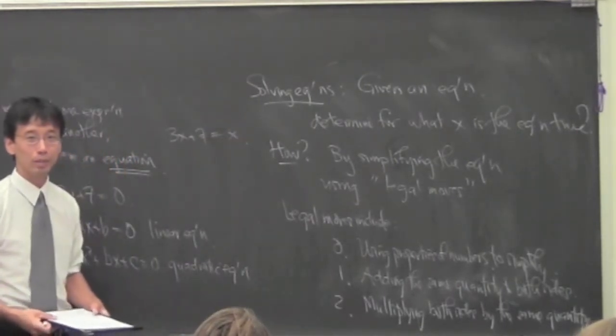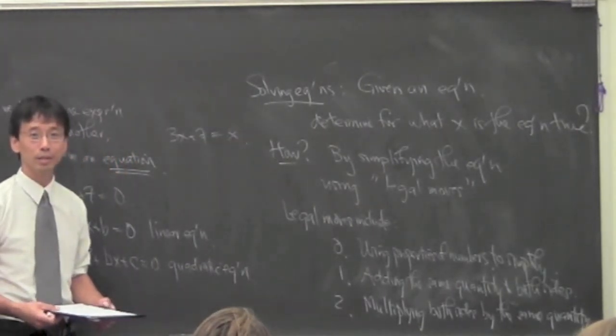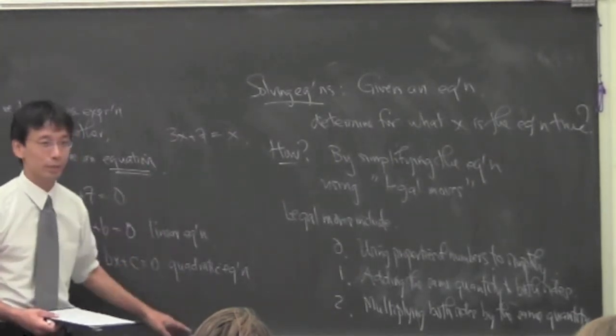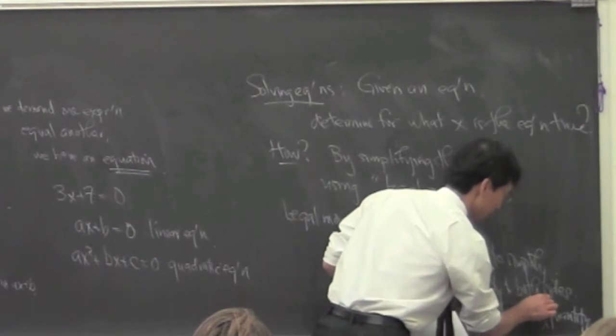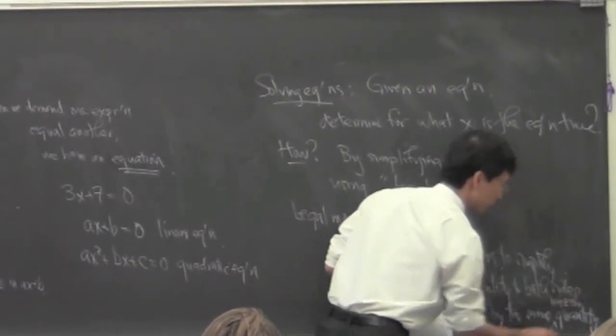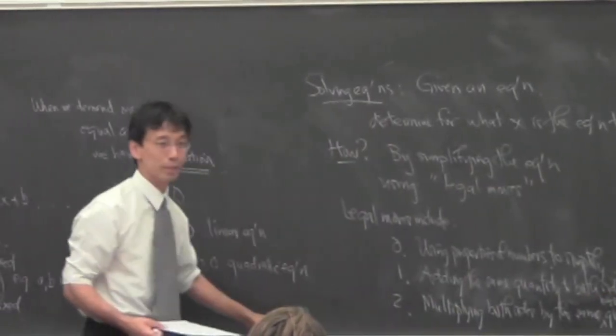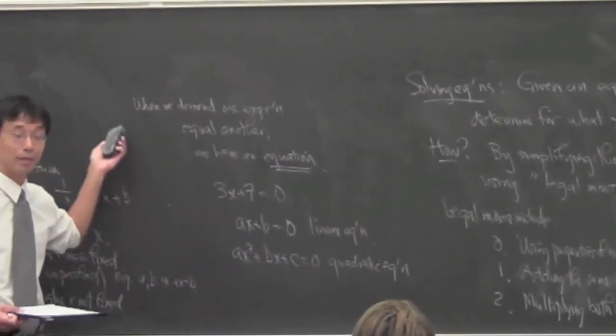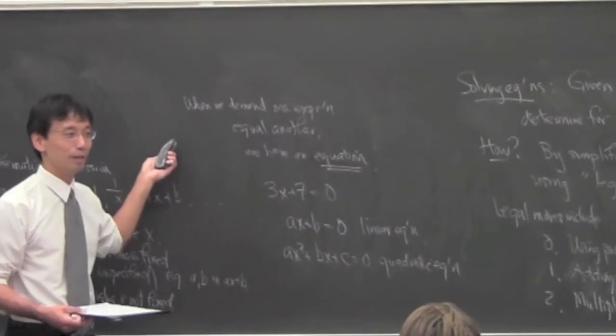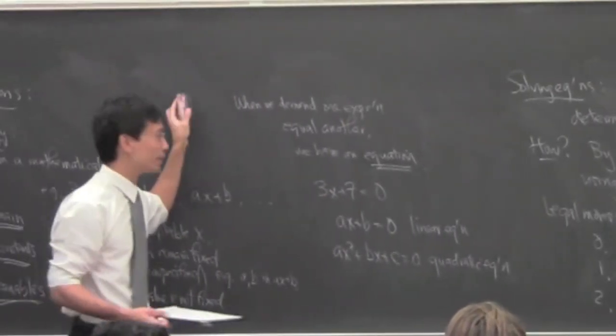Am I allowed to multiply both sides? No, you can't multiply by 0. So it has to be by the same non-zero quantity. If I multiply by 0, it makes everything an adversary, which would be nice, but it's not true.